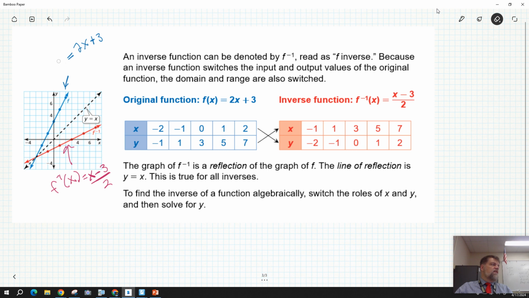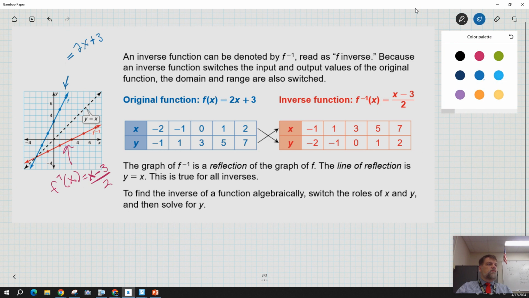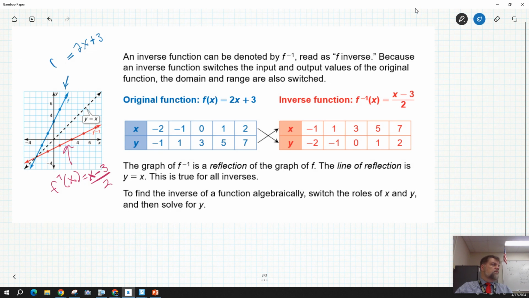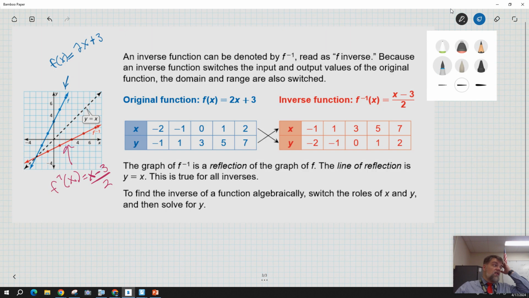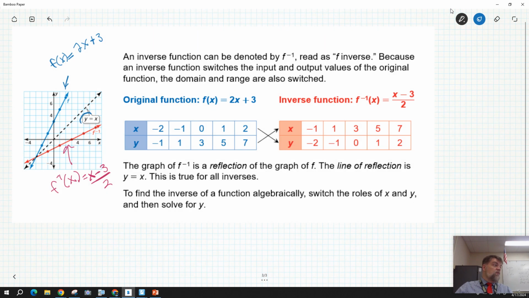I should write it down as f of x. And then right in the middle, we have this little line right here that's y equals x. Okay? Notice that they're symmetrical about that line.